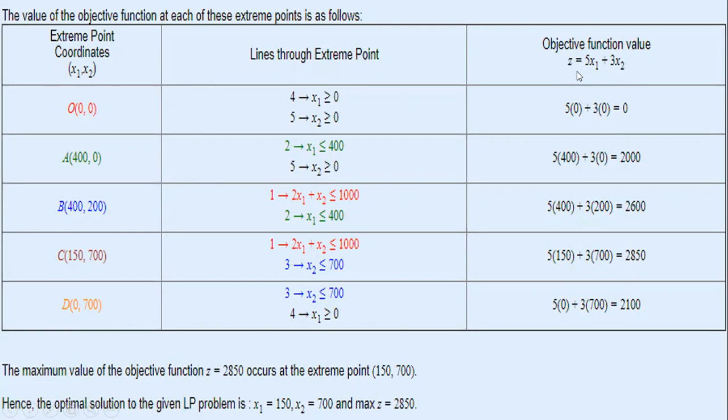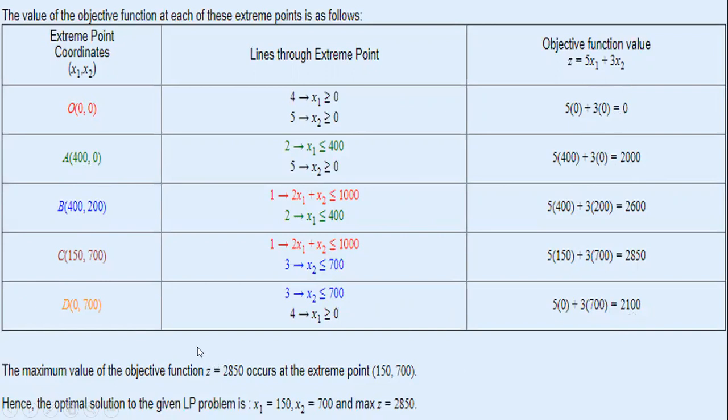Substitute in the Z equation, that is the objective function, 5x1 plus 3x2. 5 of 0 plus 3 into 0, that is 0. The second point is A, the coordinates are 400, 0. Substitute x1 as 400, x2 as 0, you will get 2000. Similarly for points B, C and D, get the Z value.